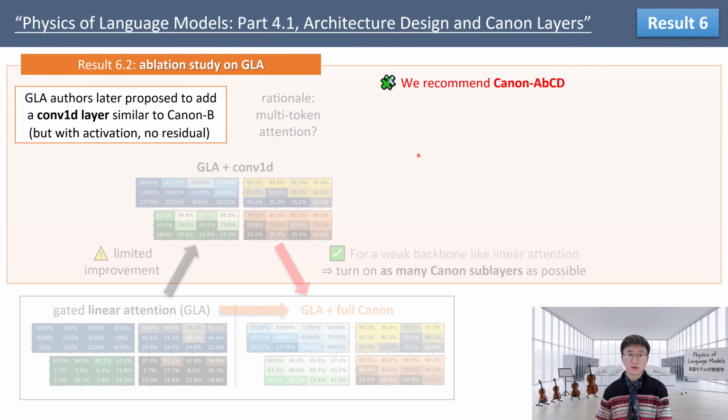The second result is that we ultimately recommend this configuration that we call Canon A, B, C, D, but with little b. Here, we use Canon little b to refer to their original Conv1D design, the one with the activation. There are two reasons we do this. Number one is that this activation is actually not really related to the horizontal information flow.